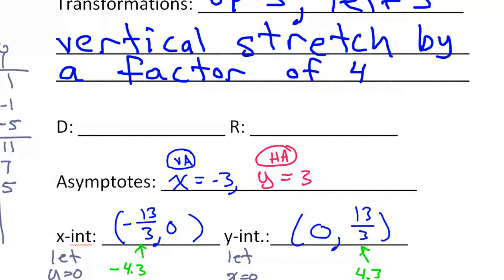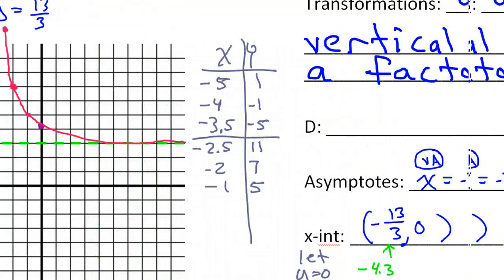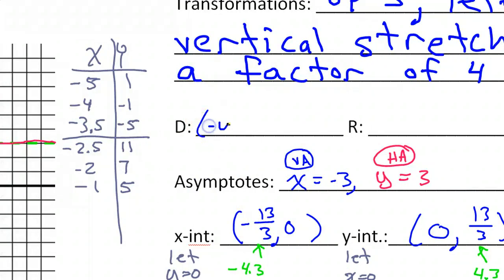The domain and range. Well, the domain is how far the graph goes from left to right, the x values. So the domain is all x values except for this vertical asymptote. Got to skip over that. So negative infinity to negative 3, union negative 3 to infinity.